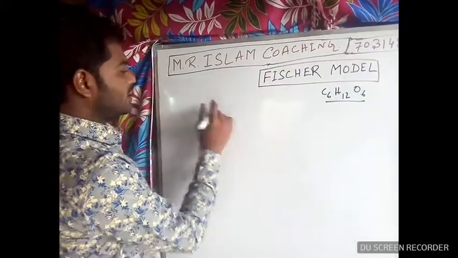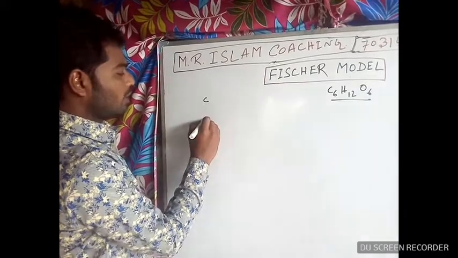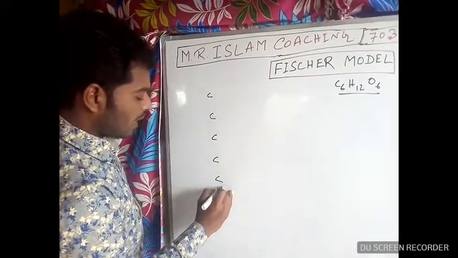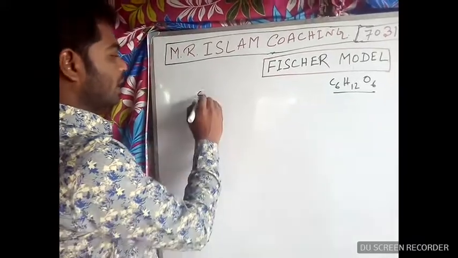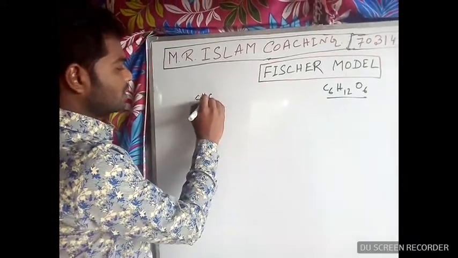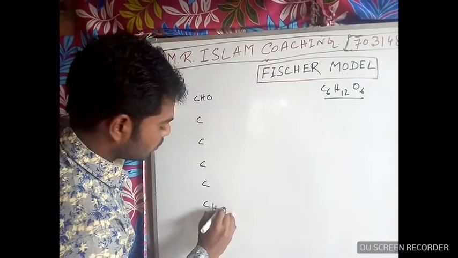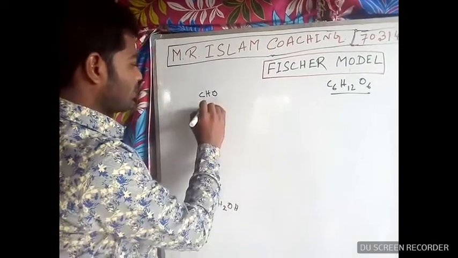Here C6, so C1, 2, 3, 4, 5, 6. At the top CHO, at the bottom CH2OH. Bond.